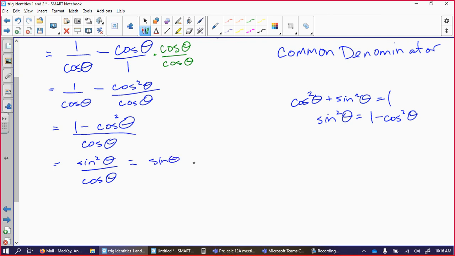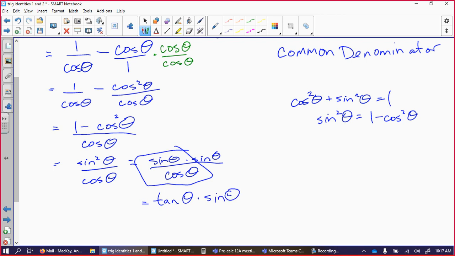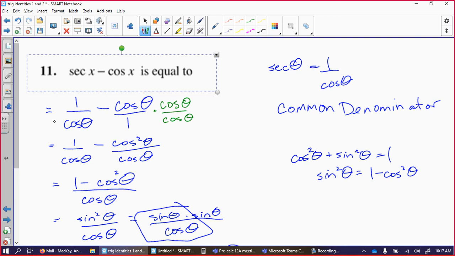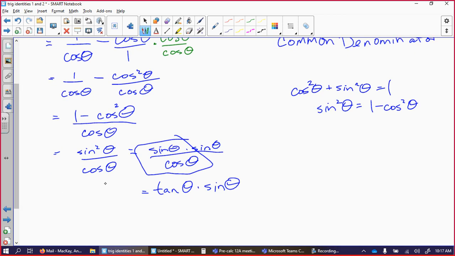Sine squared theta is sine of theta times sine of theta all over cos theta. Trig identities are something that takes practice noticing things. You're not going to get these all at the very beginning, but when I see that, sine over cos is now tan of theta times sine of theta, and we've changed a subtraction to a product, which is usually a little bit easier to deal with.